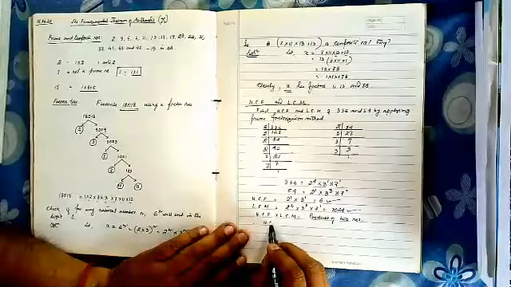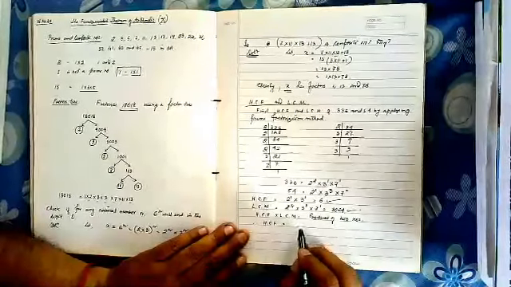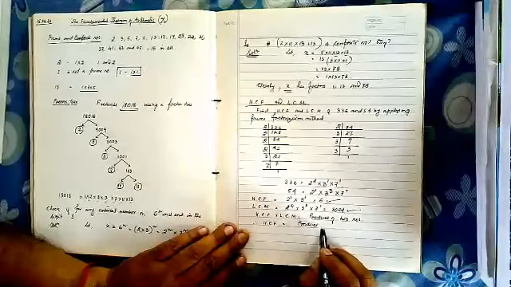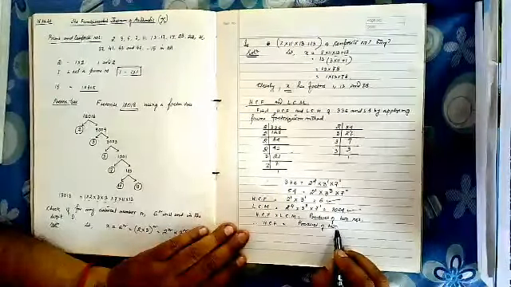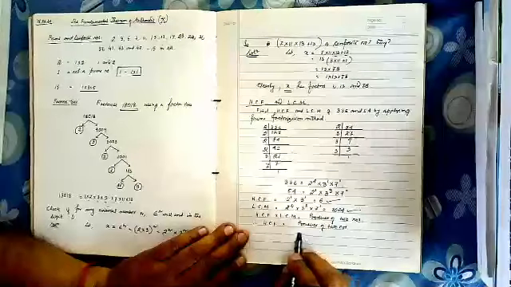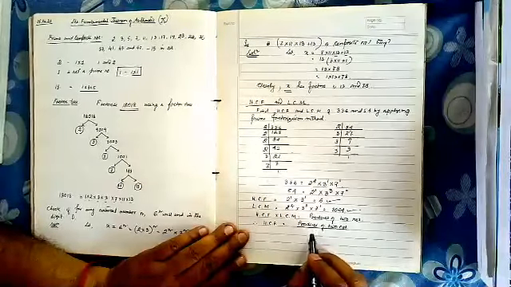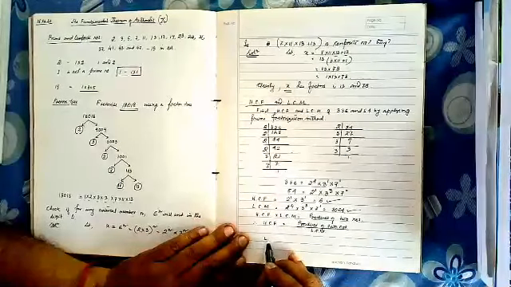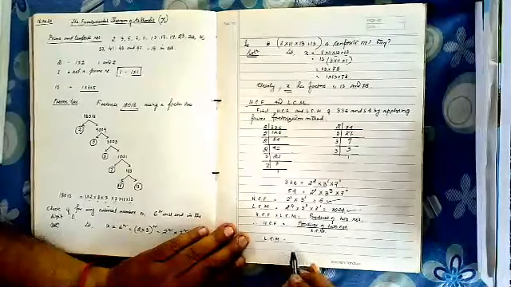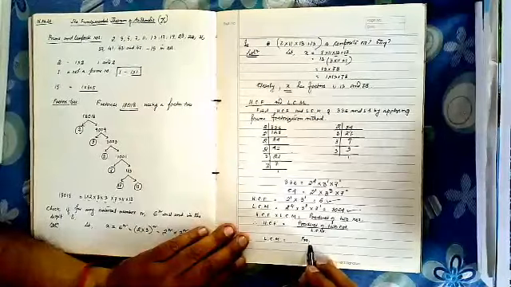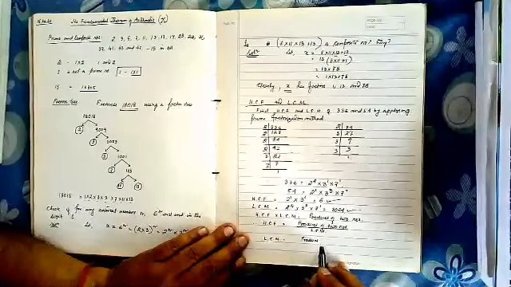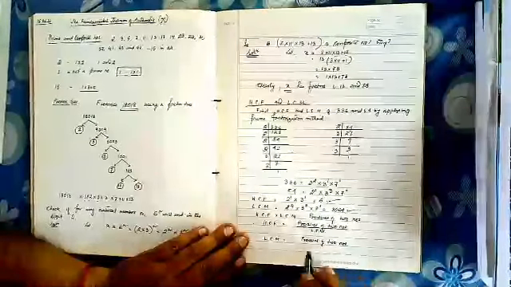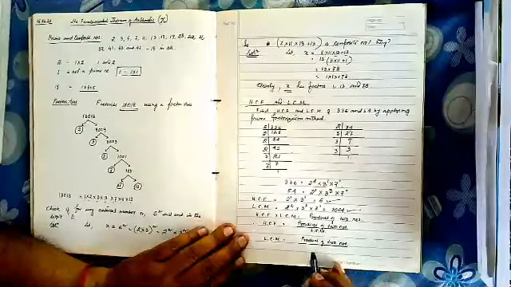Therefore HCF is equal to product of two numbers by LCM if LCM is given, and LCM is equal to product of two numbers by HCF.